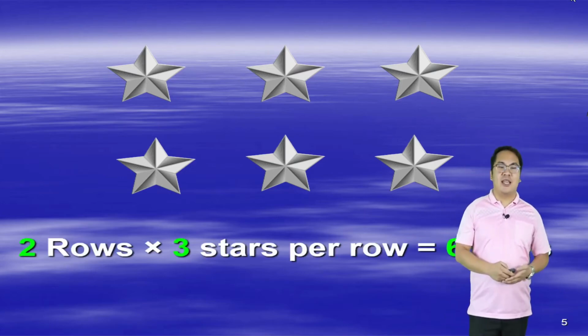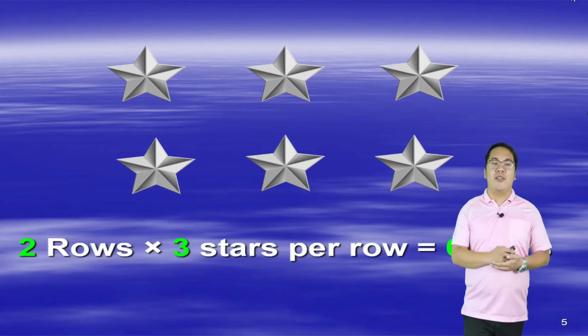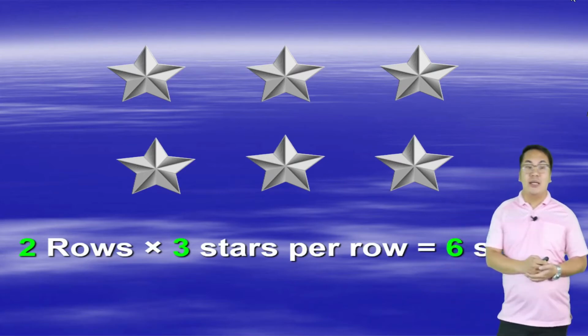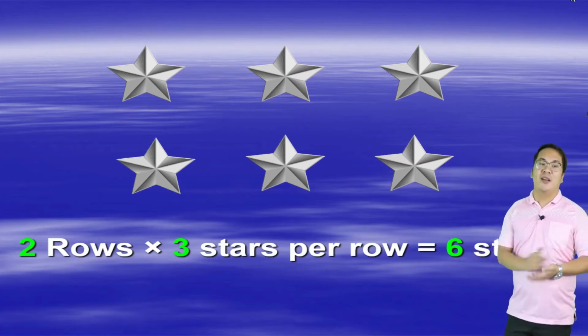How about this one? Very good. We can say that 2 rows times 3 stars per row is equivalent also to 6 stars. Next picture.